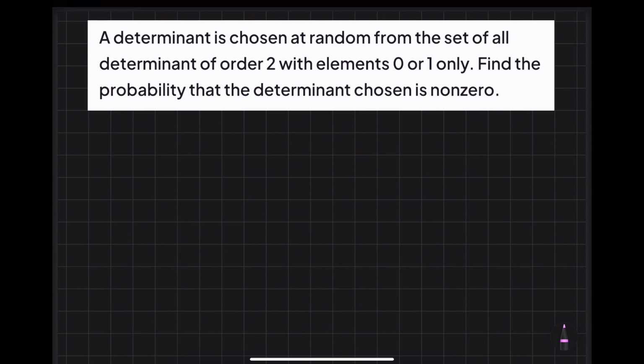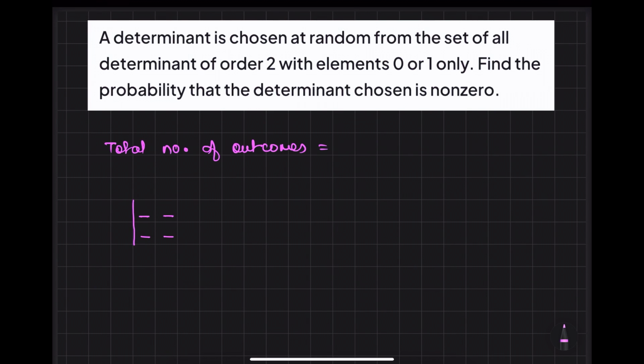So, suppose I'm talking about the total number of outcomes. Try to understand this part. If they are talking about a determinant, we have a 2 cross 2 determinant.